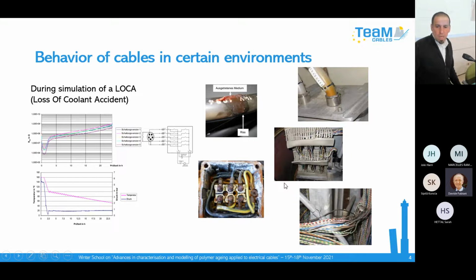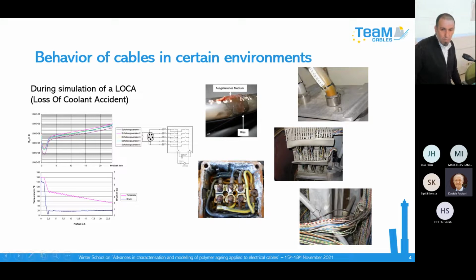Here are some other examples we have to deal with. This is a terminal box of the motor after a local simulation for long term. That means 1 year of local and the post-local phase was simulated within maybe 2 or 3 months in a kind of climate and corrosion test.